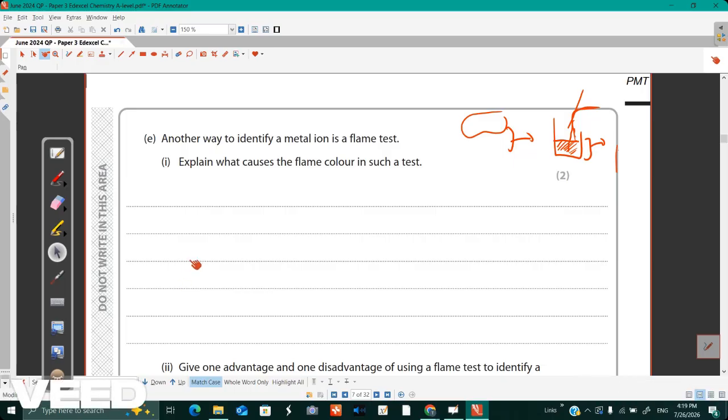The other way to identify the metal ion is a flame test. Explain what causes the flame color in such a test. What is your answer in a flame test? Okay, so we are seeing color. Is it due to the excitation or de-excitation?